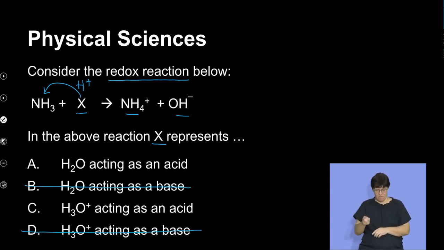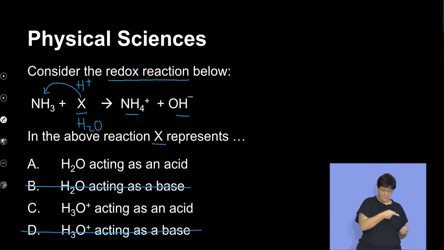So we're left with two possible options. It says water can act as an acid, because it is actually donating protons. So if we say H2O, we are happy to say that if X is a proton donor, it results in the hydroxide ion after donating the proton.